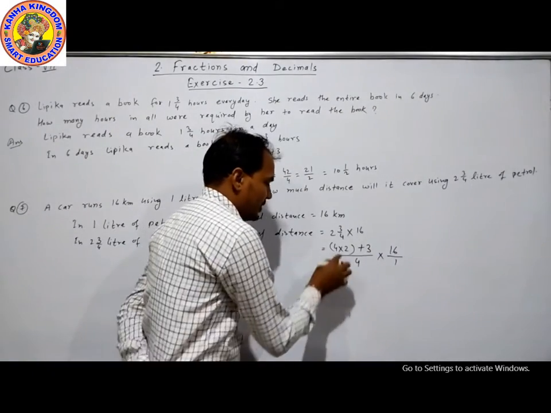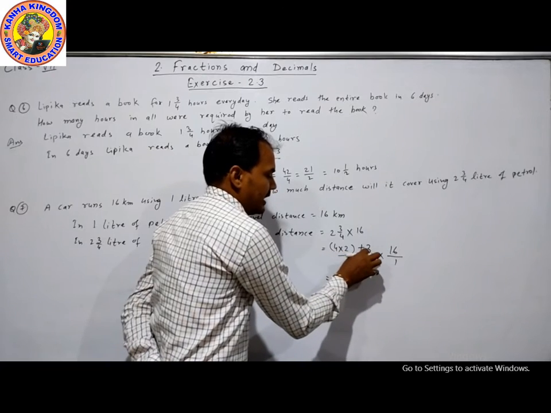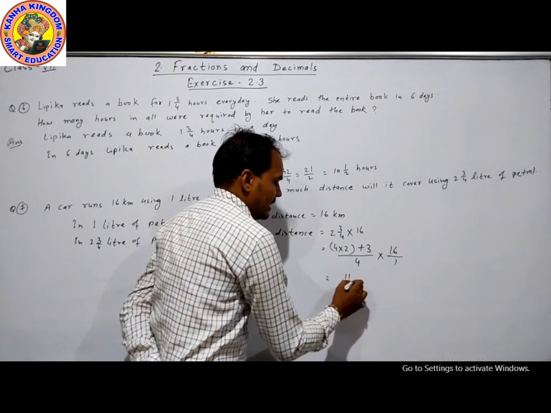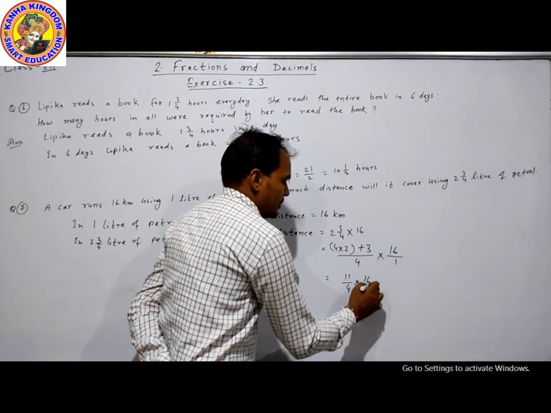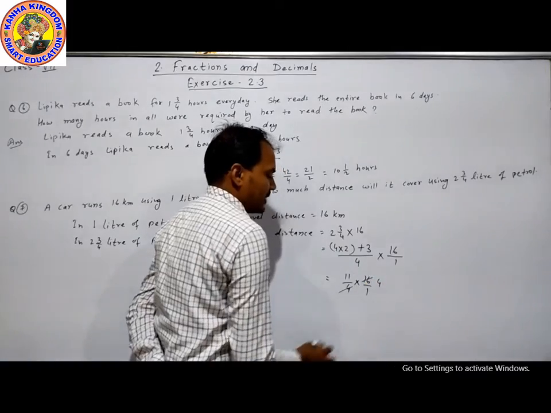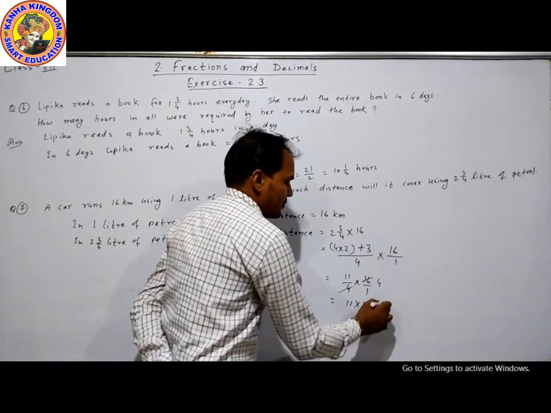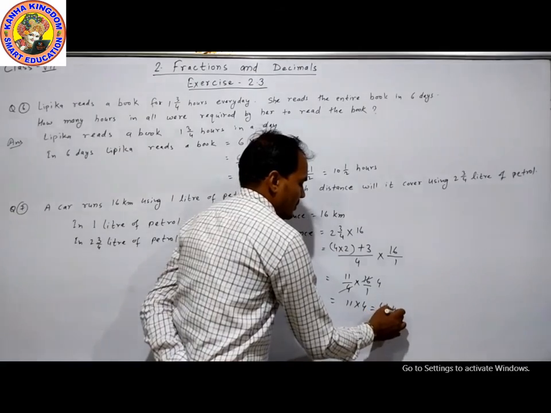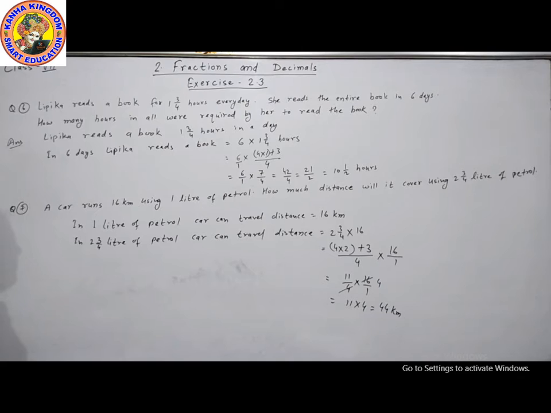So this is 4 into 2, 8, 8 plus 3, 11 by 4, into 16 upon 1. We can cut 4 and 16 by 4 times. So 11 into 4 is equal to 44 km. The car can travel 44 km with this petrol.